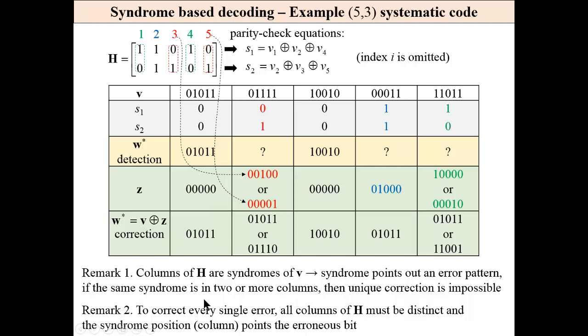If the same syndrome is in 2 or more columns, then unique correction is impossible, like in these cases that we have here, 1 and 2. To correct every single error, obviously all columns of matrix H must be distinct, not like here, and the syndrome position points to the erroneous bit. Okay, that's all.